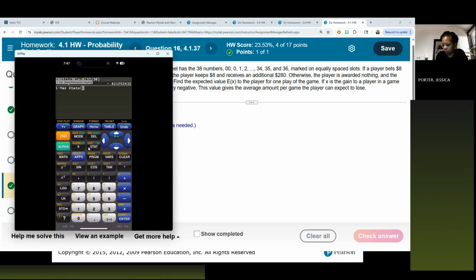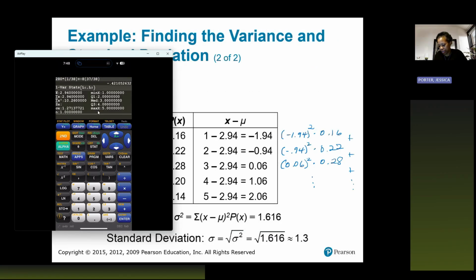And then when it says list, you do L1. And then when it says frequency list, go to L2 and then calculate, and then it'll all come up. And then the x with the line on top, that's the mean. And then the sigma x, like you said, is that the standard deviation? Standard deviation.